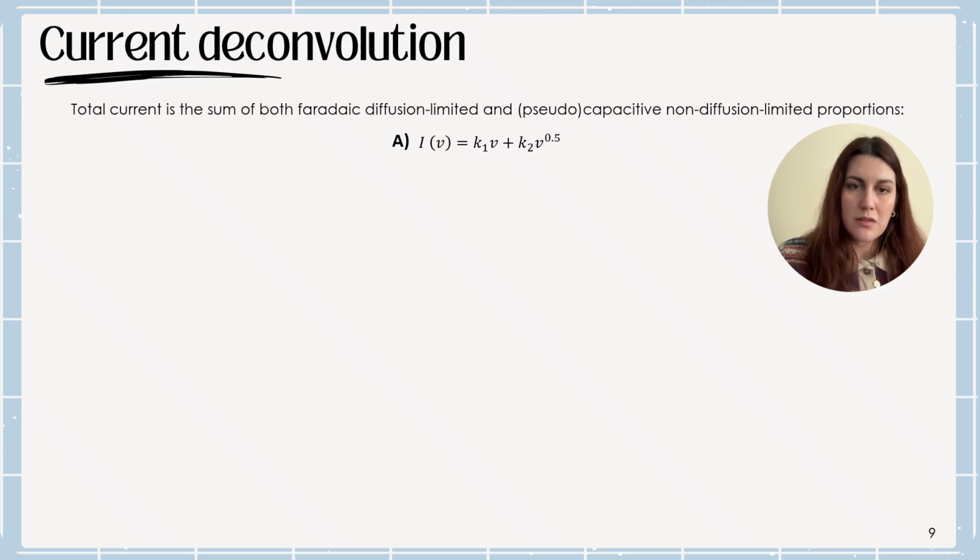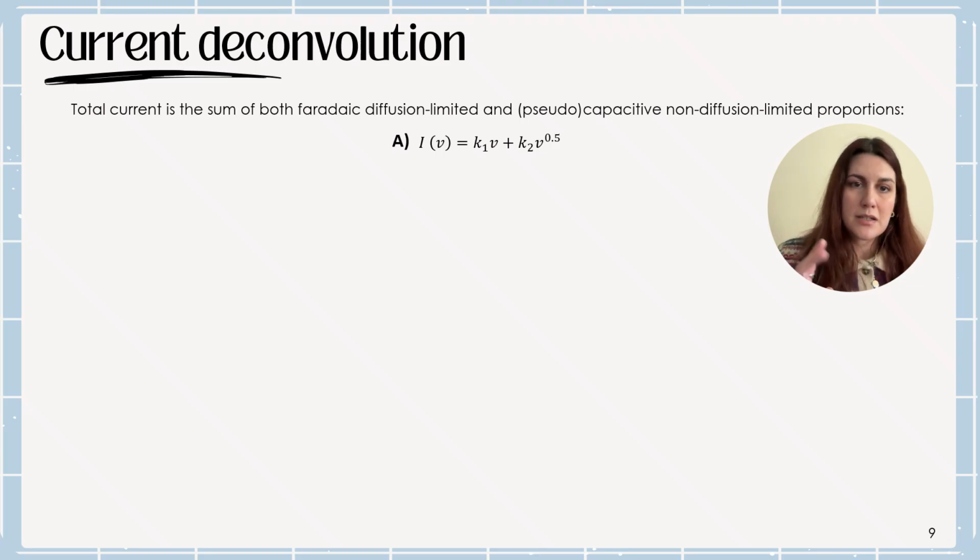It should be noted that each current/potential point in the CV curve is characterized by a separate set of k1 and k2 values. As a result, by performing the analysis at several potential points, we can get the cumulative contributions to the total current.